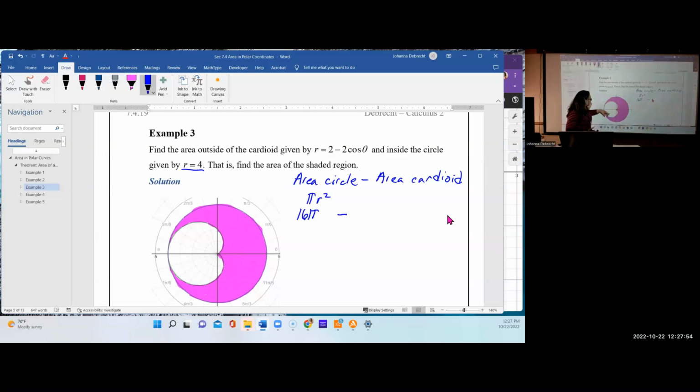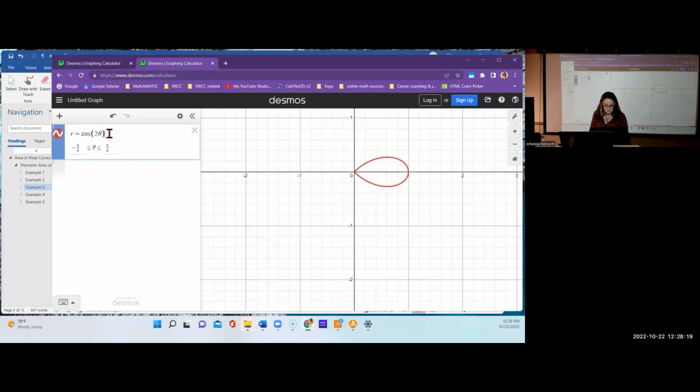So looking at the cardioid, we need to figure out what it takes to trace it, either one full time and integrate that, or find half of the area and then double that area, whichever way you want to do it. The easiest way to do it, of course, would be to start at Desmos or the graphing calculator and see what it takes to graph it once. So 2 minus 2 cosine of theta.